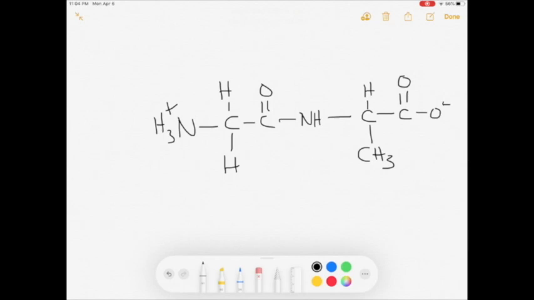So this one would be glycine, alanine, and we could use the three-letter abbreviation to do that. So that's the three-letter code there for glycine and alanine.